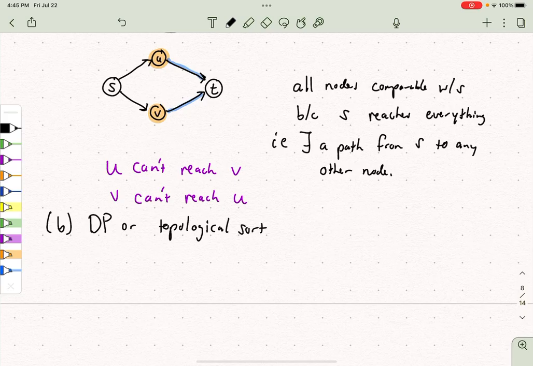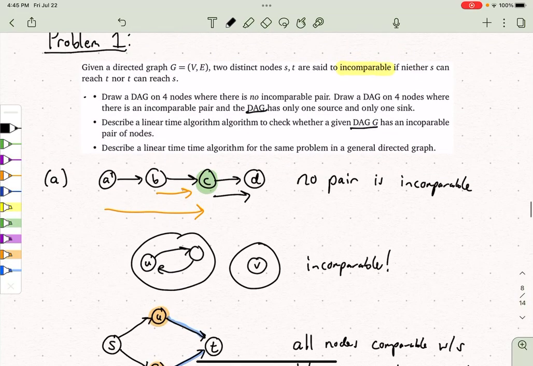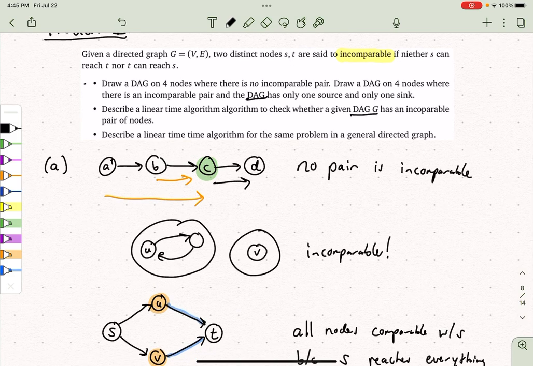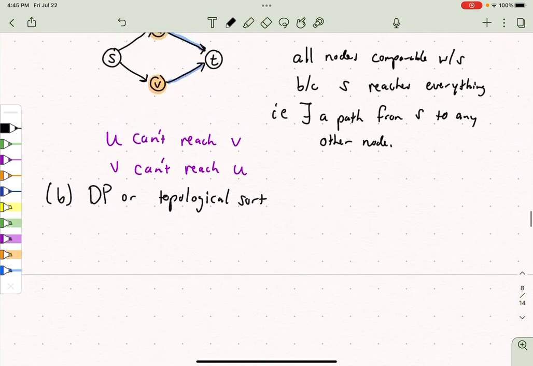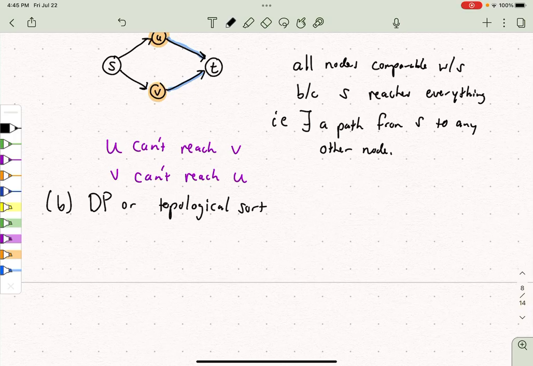That's just because DAGs typically are the only graphs with those special properties. Since the problem is telling us it's a DAG, it's probably for a good reason. So these are the two things we should think of. And since we're considering graph theory here, it's probably a topological sort. So let's just start with the topological sort.